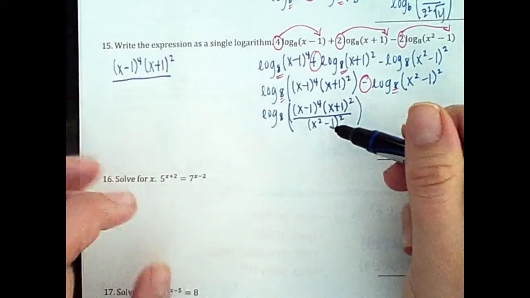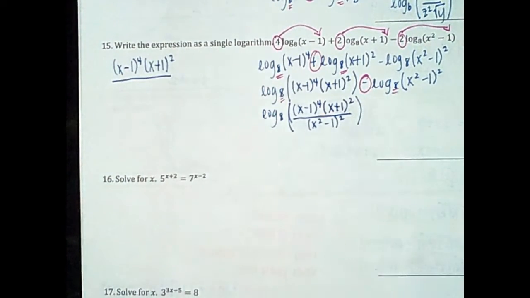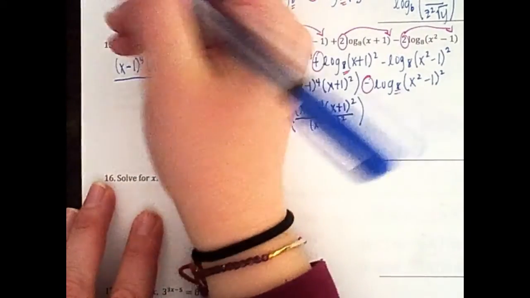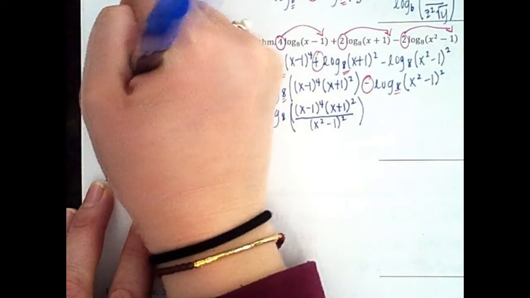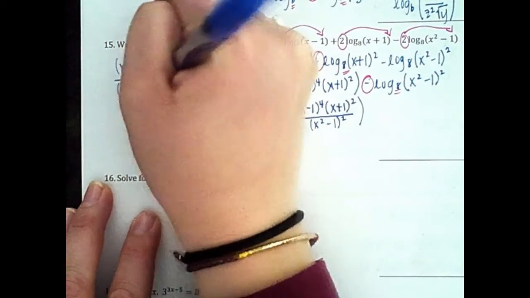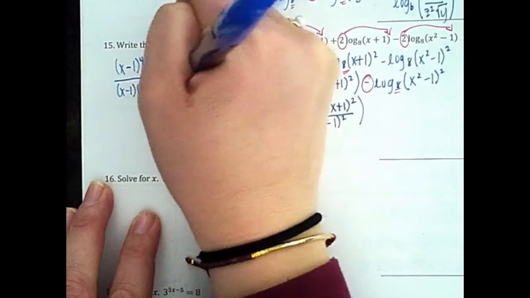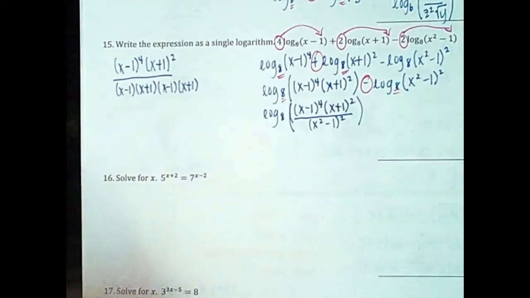What that means is, x squared minus 1, if we were to factor that, would be x plus 1 times x minus 1. So since it's squared, all that means is we have x minus 1 times x plus 1, and then another x minus 1 and x plus 1.